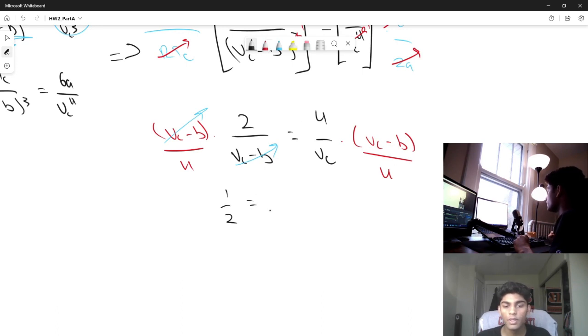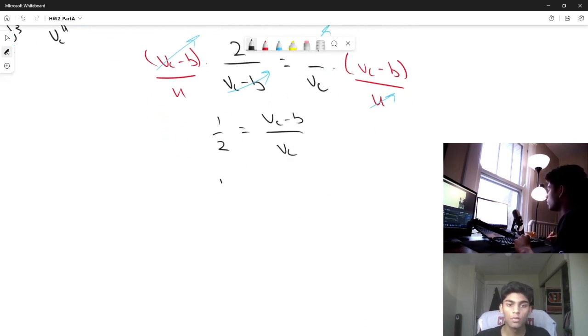And that's going to be equal to (Vc - b) over Vc. 4's cancel out. So it's going to equal (Vc - b) over Vc. And that can be further simplified into 1/2 equals 1 minus b over Vc.